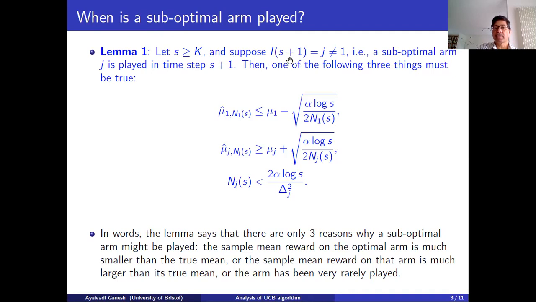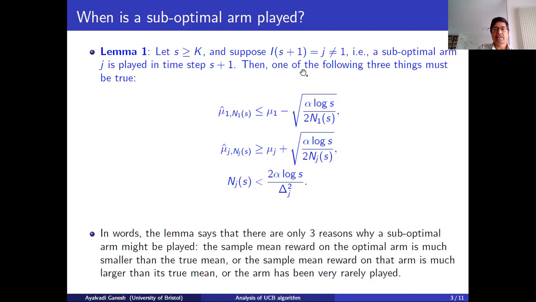So recall the notation: I_{s+1} is the index of the arm played at time s+1. So we are asking, what needs to happen to make us want to play a suboptimal arm j at time s+1 after the exploration phase consisting of playing each arm once?